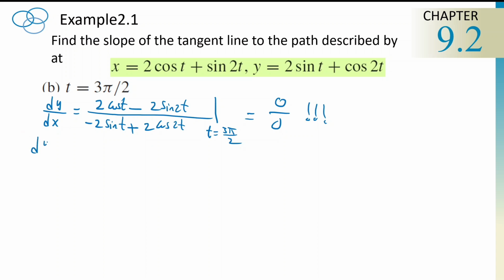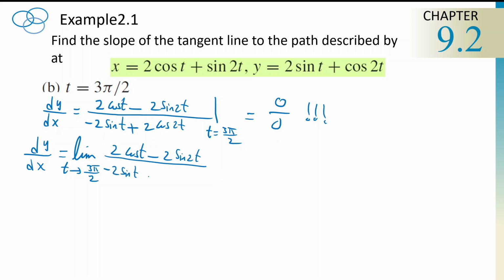So the idea of limit will be what? dy over dx equals the limit as t approaches 3 pi over 2 of this derivative: 2 cosine of t minus 2 sine 2t divided by negative 2 sine of t plus 2 cosine 2t.